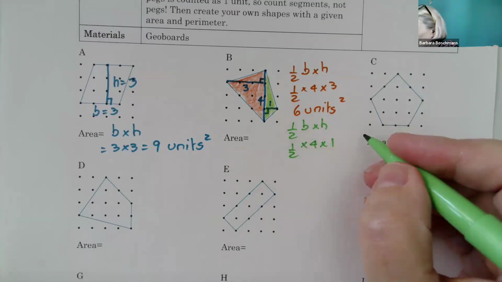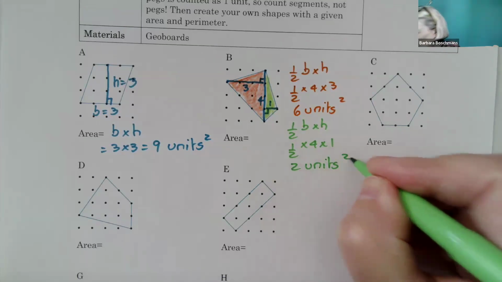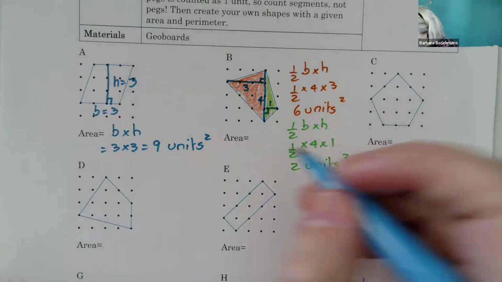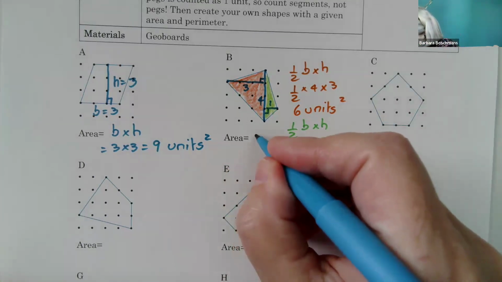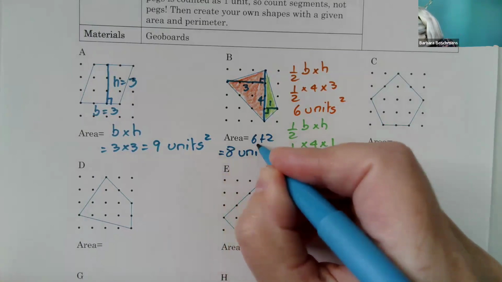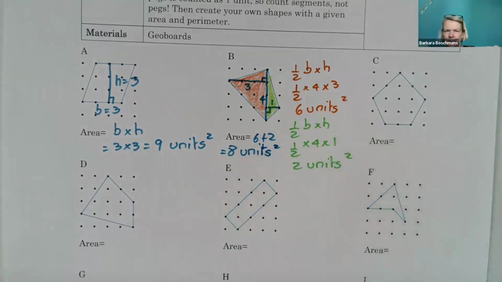Half of 4 is 2. 2 times 1 is 2, and this is squared. So the area is now going to be 6 plus 2, which is 8 units squared.